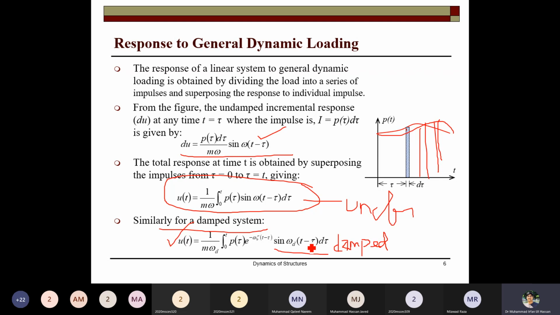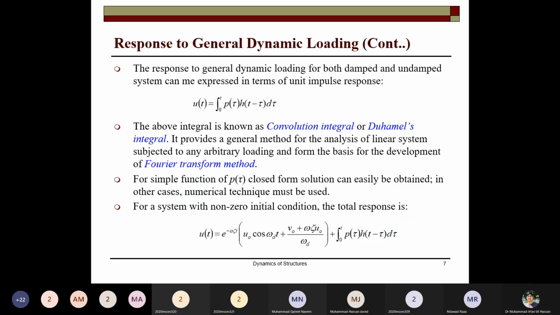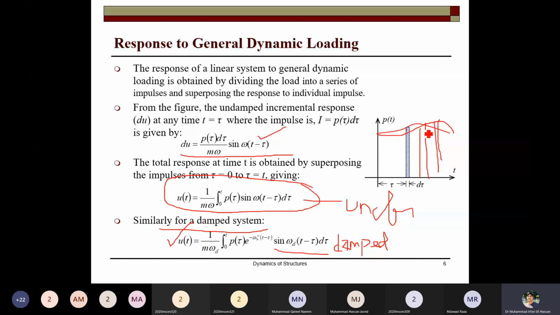This is a general formula for getting the response. If you want to write it generally for both damped and undamped, the response is the load into h(t minus tau) into d tau. The above integral is known as the convolution integral or Duhamel integral.